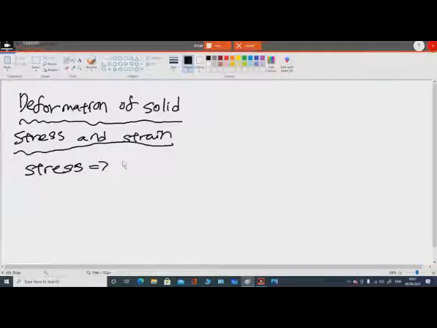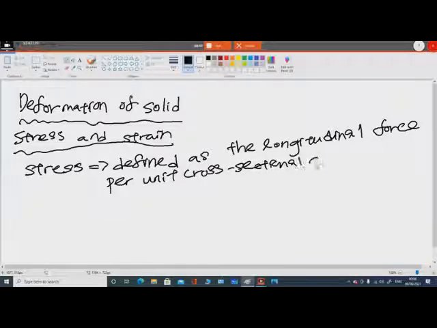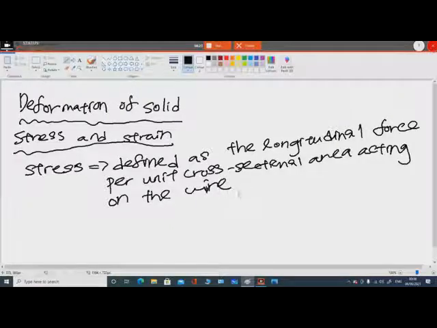Stress is defined as the longitudinal force per unit cross-sectional area acting on the wire. So this is the meaning of stress.